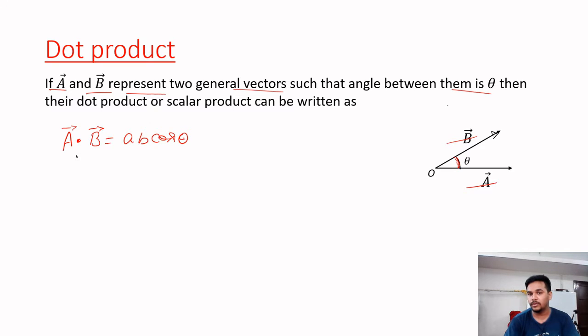Now theta here is the angle between vector A and vector B, but we don't know about A and B. So let me tell you what A and B are.